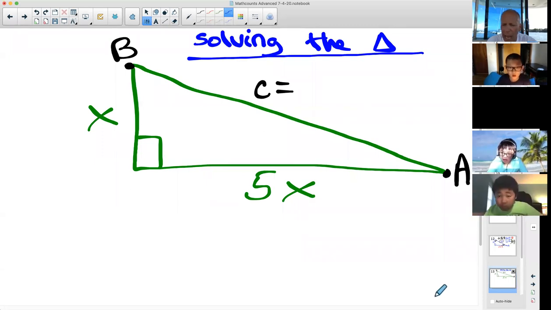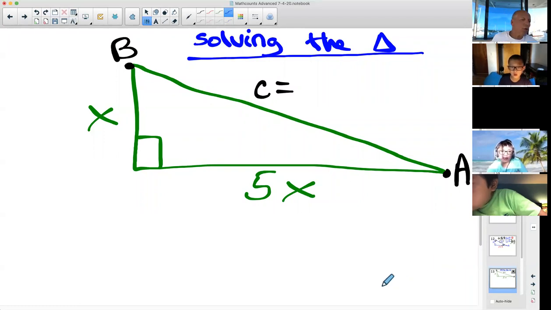Ray, did you give me the angle measurement, or were you giving me the side C? I didn't give you anything. That was what I gave you before. Oh, okay, good. Oh, wait, I did the tan.